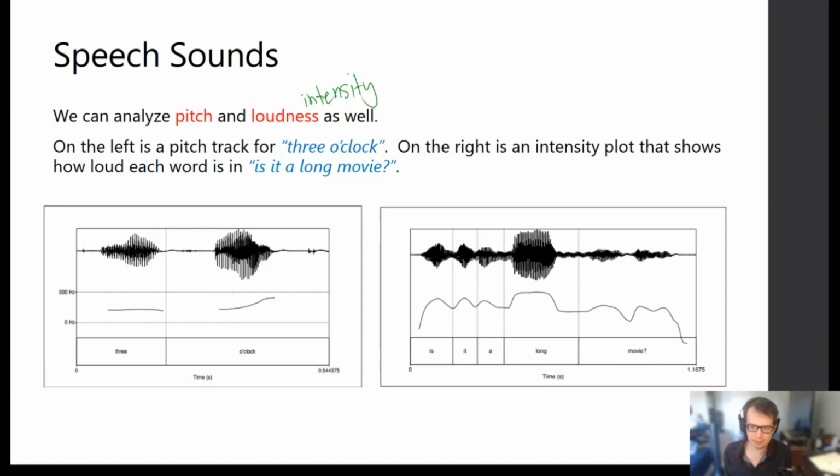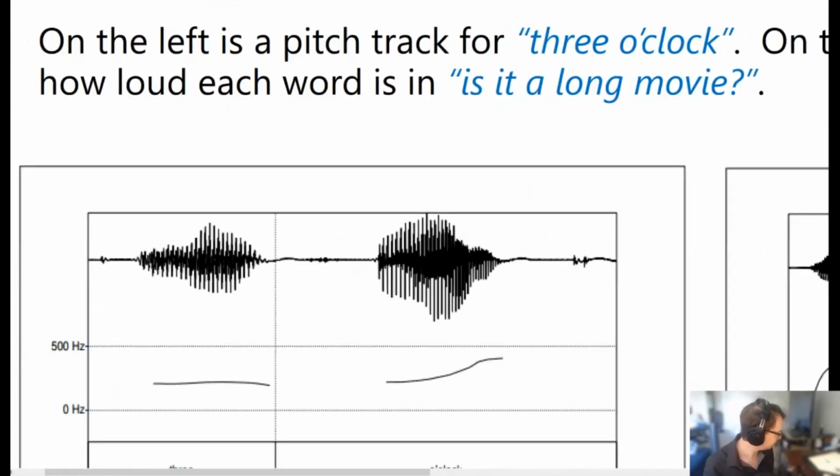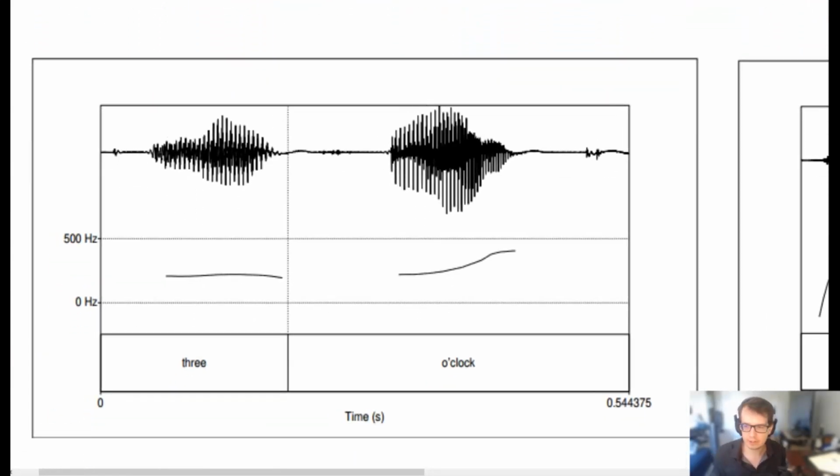A computer can extract the information from the sound waves when it gets information about your voice, and it can track these. On the left here, with the waveform, here's 3 o'clock. I'm going to zoom in on this so we can see this a little better. Here's 3 o'clock, 3 o'clock.